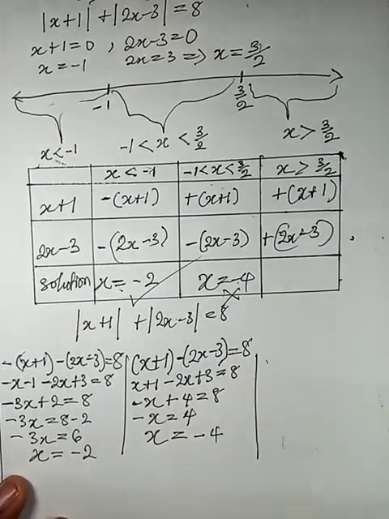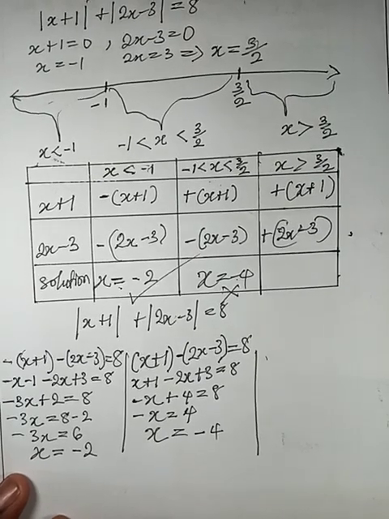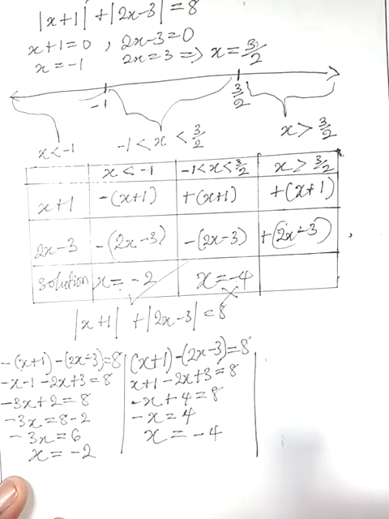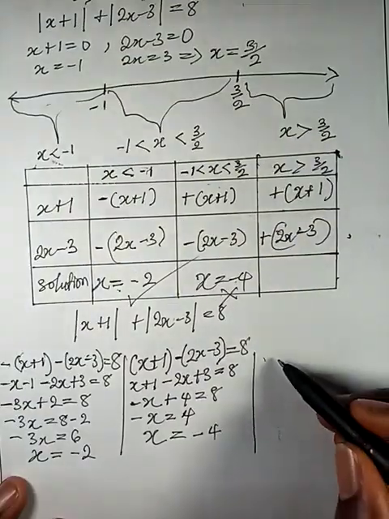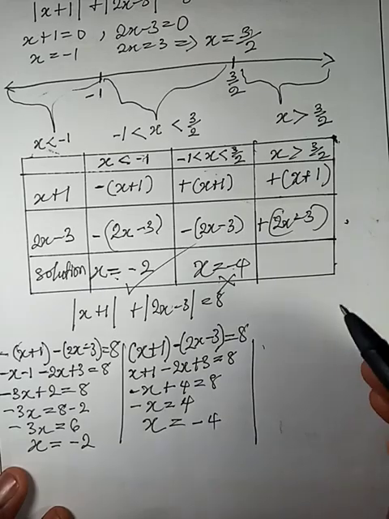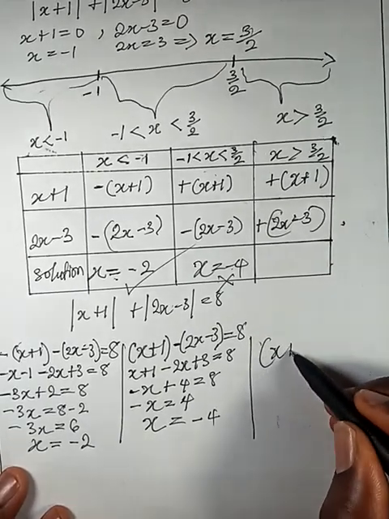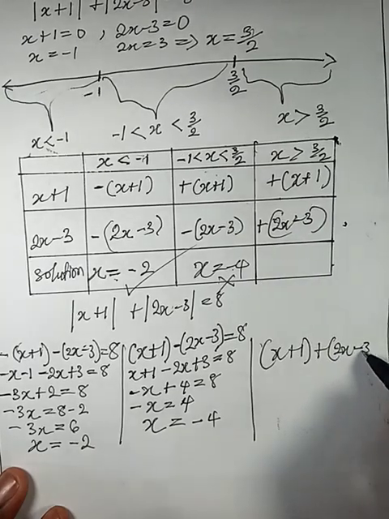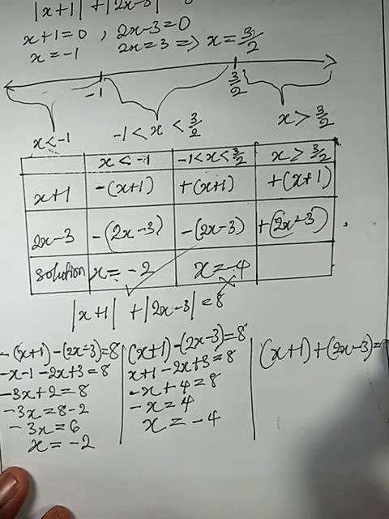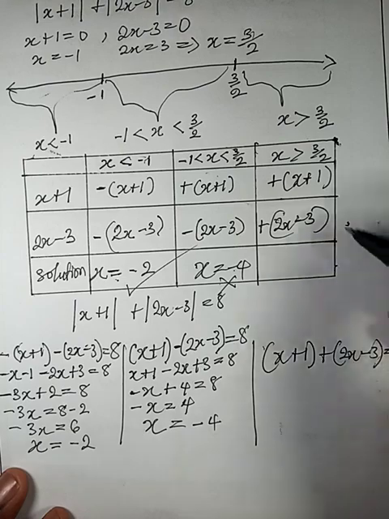And then the final solution we have here, we'll solve this. Both expressions are positive. So we will have x plus 1 and plus 2x minus 3 is equals to 8. Both are positive here.